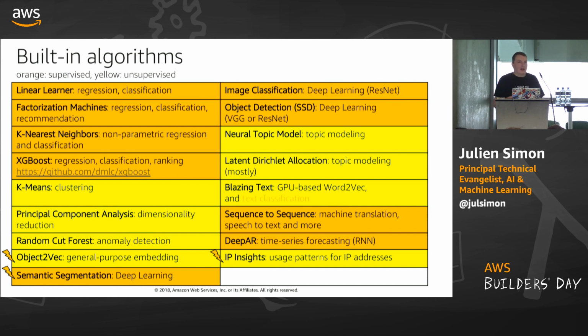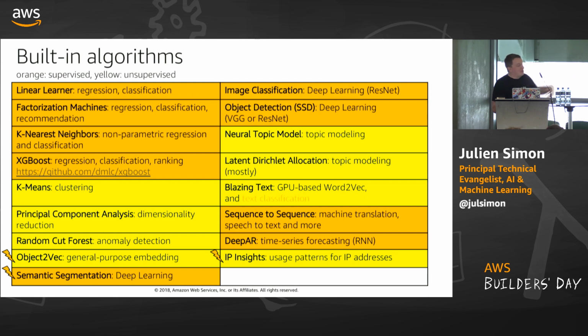Some typical ones like linear regression, clustering, KNN, PCA, factorization machines, stuff that has been around for decades. But these are really Amazon versions, right? These are Amazon implementations, so they'll scale to the moon, hopefully, and more.